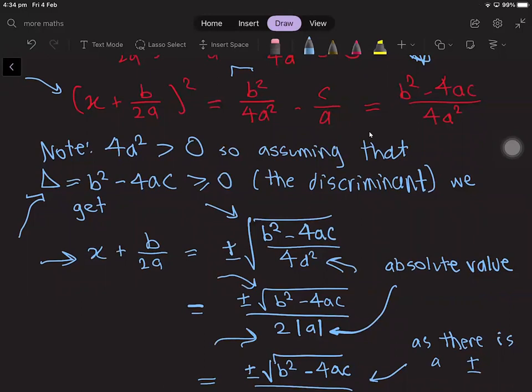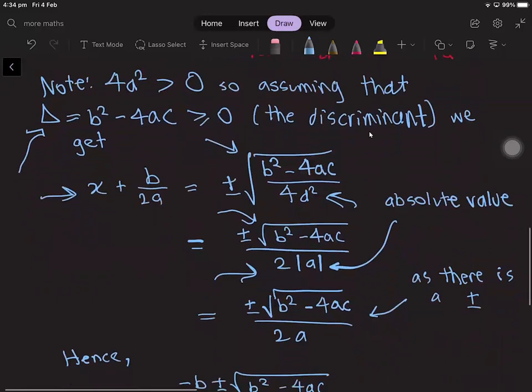For example, if a was equal to -1, the square root of a squared would be the absolute value of a, the absolute value of -1, which is 1. So that's why we need the absolute value sign.